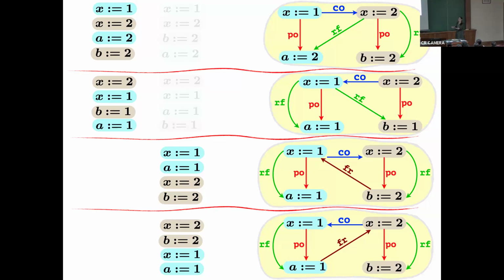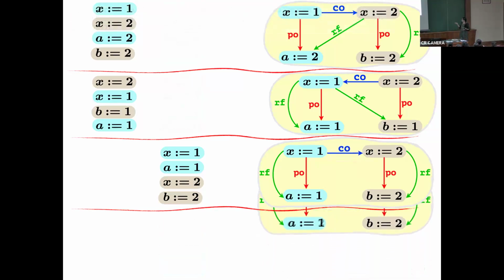Another bunch of executions will go into another trace which has a different RF; PO is the same, of course. I want to ignore the CO edge, because if I can do that, in some sense I have even one less trace. In this example, I have only one less trace. In practical examples, it can be many, many more.